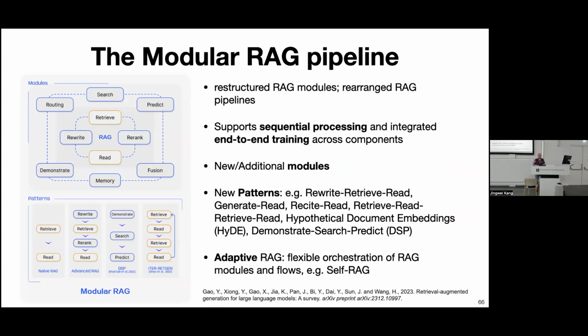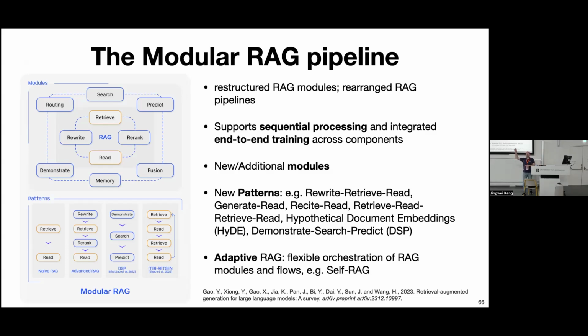Seeing RAG in this way allows you not just to come up with different methods for RAG, like different pipelines, but actually to do RAG in an adaptive way. You could say, given this query, I should use these components of my RAG pipeline, but given these other requests, I shouldn't use these components.